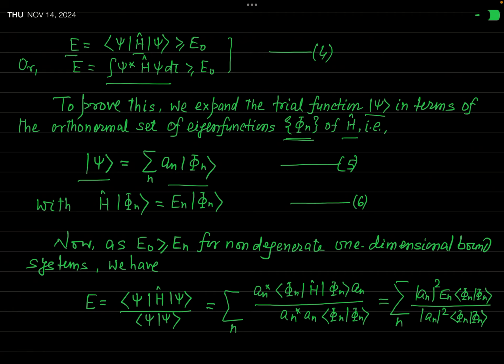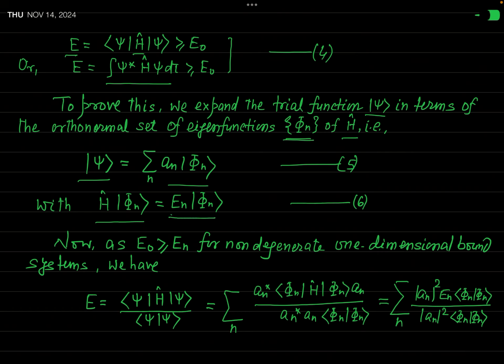Now this phi n will actually obey the Schrodinger equation, and so you can write the eigenvalue equation in this manner: h hat operated on this ket phi n will give En times ket phi n.